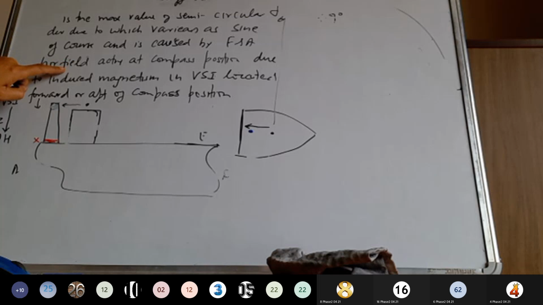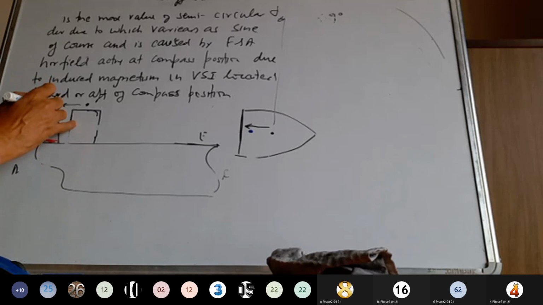So it is caused by the fore and aft horizontal field at the compass position due to induced magnetism in the vertical soft iron. The funnel is the vertical soft iron, so because of induced magnetism in the funnel, there is a force acting in the fore and aft direction.